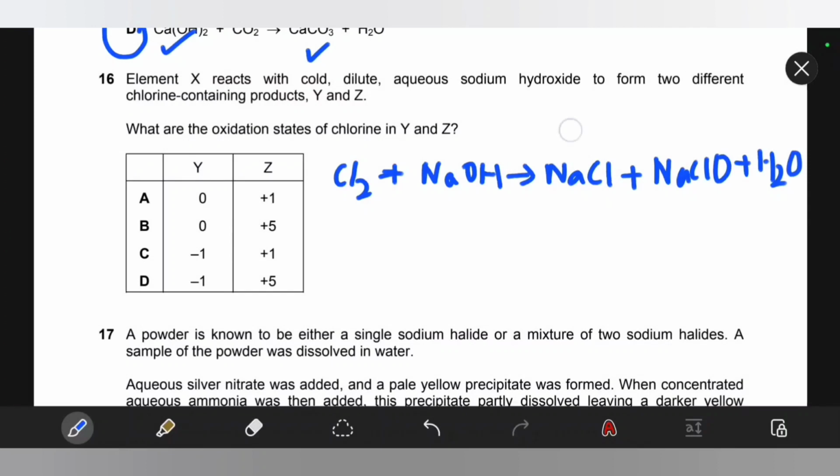So these products are Y and Z. The oxidation state of chlorine in NaCl is -1, and in NaClO it is +1. You can check by adding the oxidation states, and if it gives 0, then the answer is right. So our answer is C.